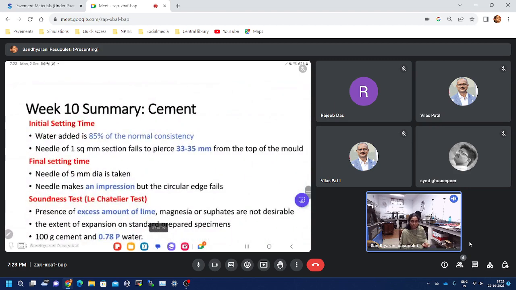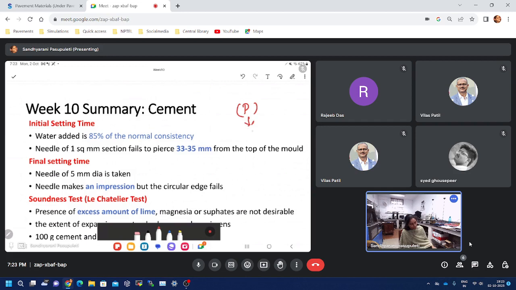Whenever in future we do the initial setting time, final setting time or soundness test, we take the water content as a percentage of this normal consistency. Let us say I got P as the normal consistency, that means P is, let us say, 5% water of the total cement. If I want to determine the initial setting time, you take 85% of this P and prepare the sample.